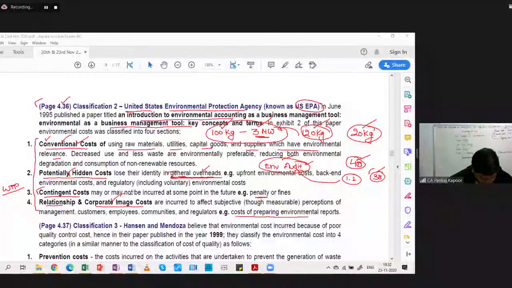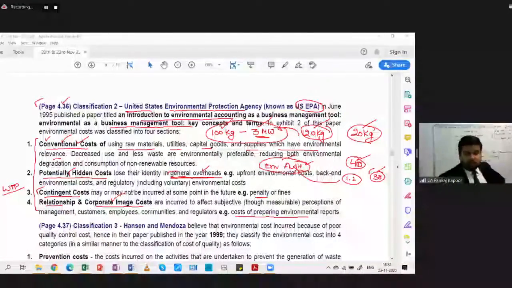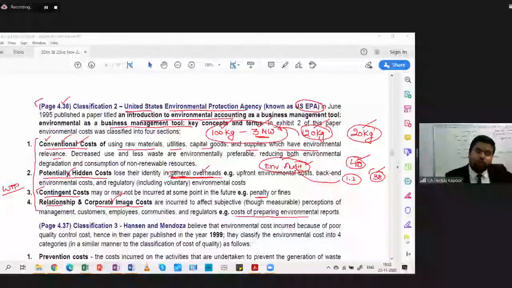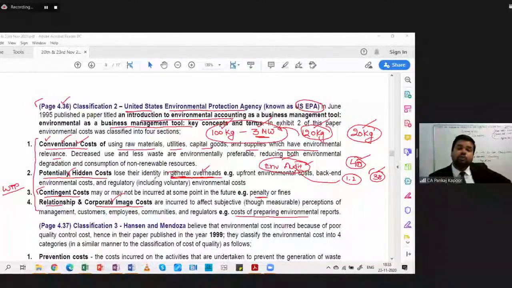Okay, there is again a query. Sir, can you please give more examples on the hidden cost? Not quite clear. Okay, no issue. Another example of the hidden cost can be increased depreciation. Because if you install some sort of treatment plant, the block cost of the asset increases, obviously now the depreciation will be high.